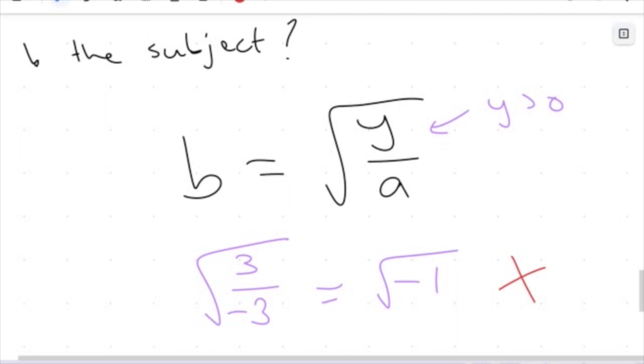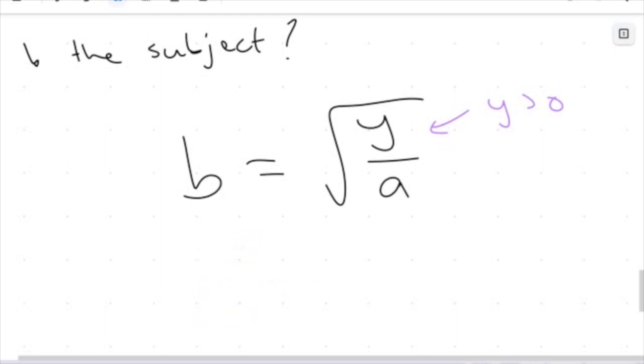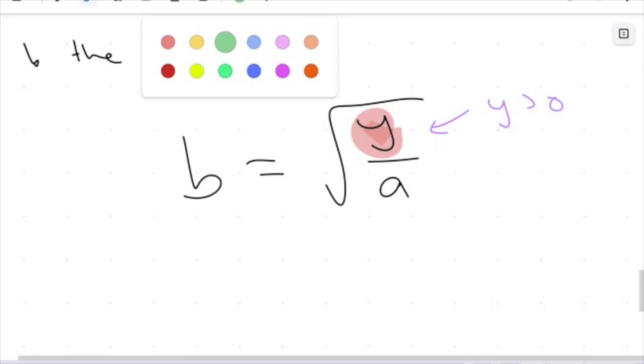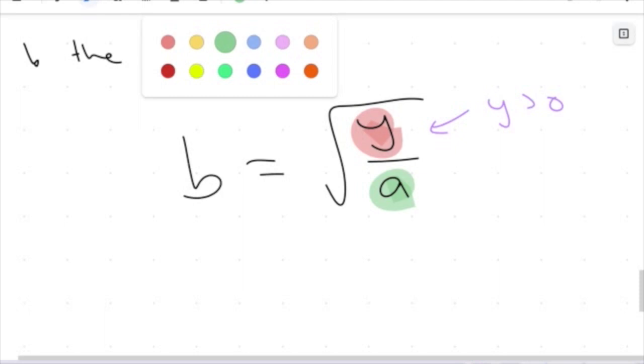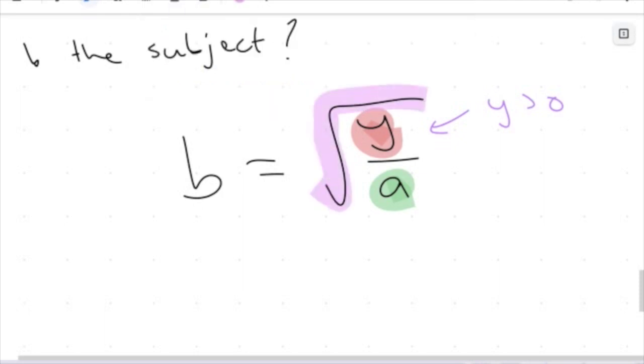So a can't be a negative number, because that would always result in a positive divided by a negative. Anytime a positive gets divided by a negative, we're going to get a negative answer, which means a negative number inside my square root, which we can't have.